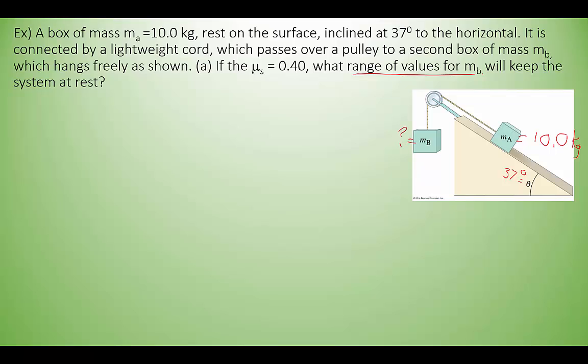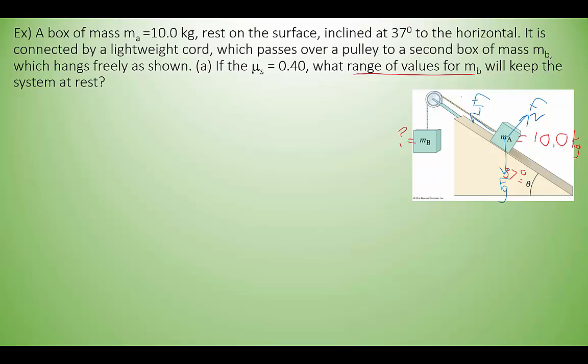So let's start again with looking at a free body diagram for this. On mass A, we have a normal force. We have the weight. We also have a tension force.